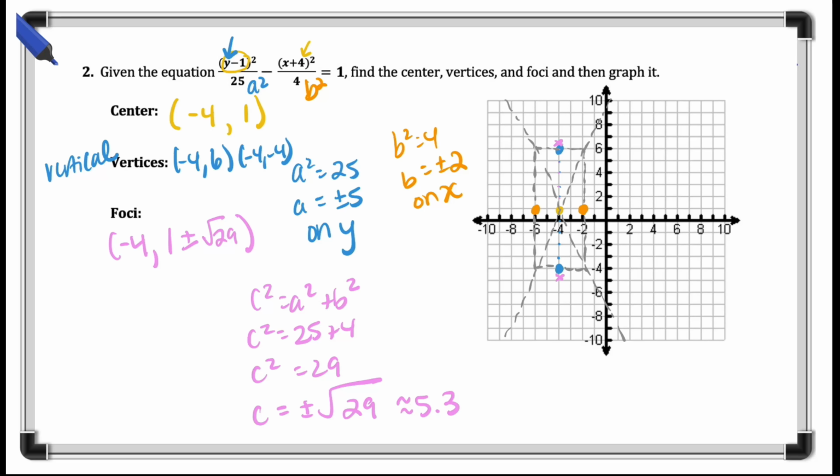So I only changed those Y coordinates. That's why I took the 1 and added and subtracted the square root of 29. Now from our vertices, which is the blue, I'm going to make our curve, again, in the vertical direction. So I go up and down. And there you have the branches of your hyperbola.